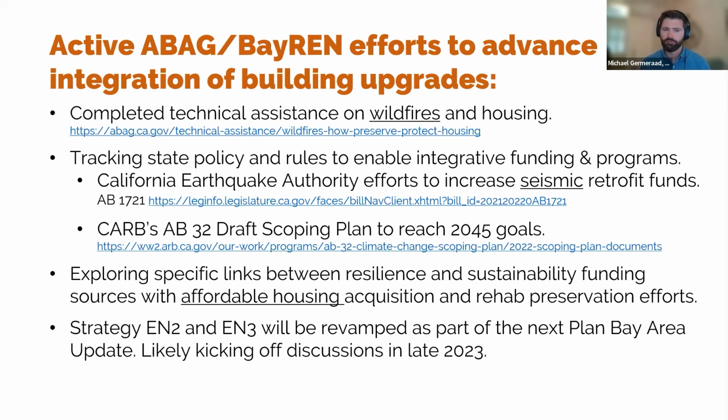We are trying to increase the amount of resources out there for seismic retrofit funds, and also trying to influence CARB's AB 32 draft scoping plan, where there's talk of decarbonization and other sustainability goals, and making sure that there's an opportunity to integrate across other topics, whether it's affordable housing or resilience.